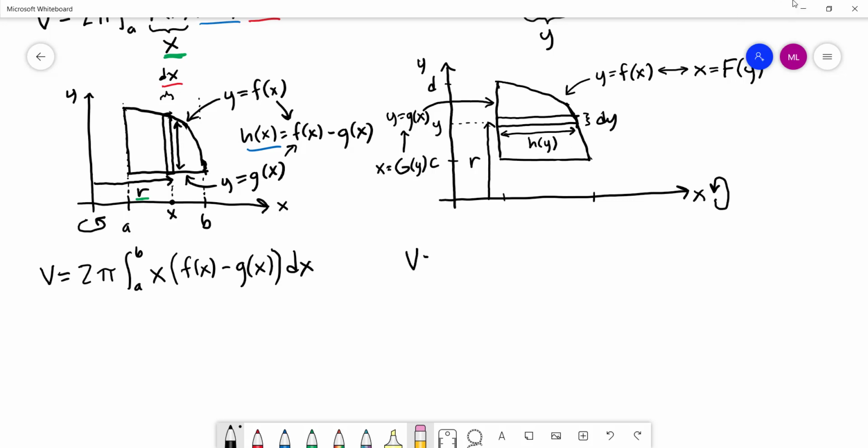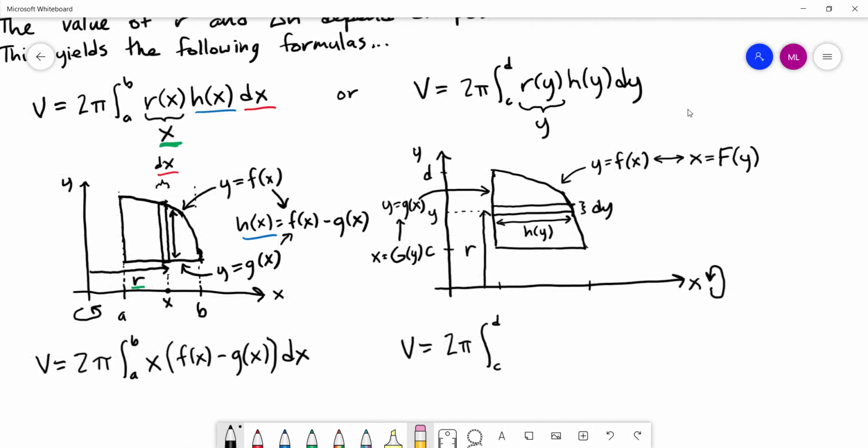So in this case, our volume is going to be the same thing. There's still going to be a 2 pi. Now we're integrating with respect to y. So I need to integrate from the lower bound in y up to the upper bound in y, from c to d, of our radius, r of y, which we just said is just y.